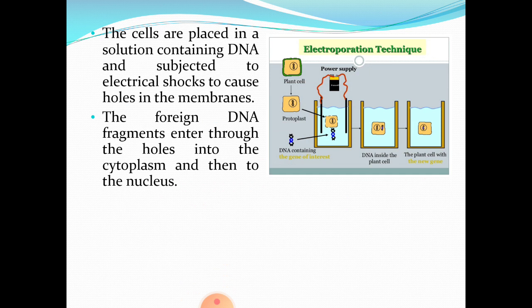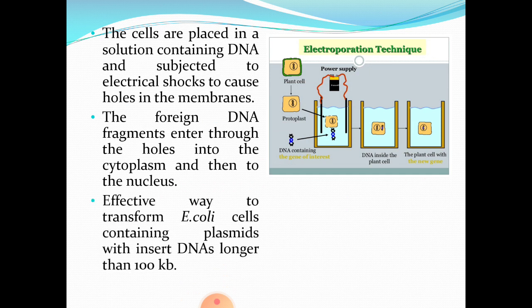Then, the foreign DNA fragments enter through these holes into the cytoplasm as is shown in the second diagram, and finally they get into the nucleus, that is the third diagram. This is what exactly happens during electroporation.